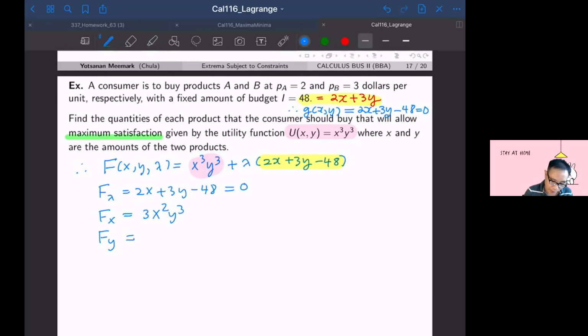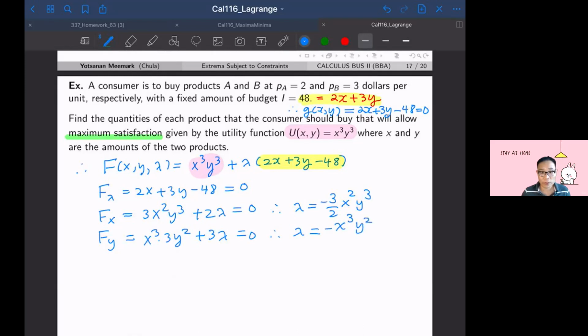And for this guy, it's gonna be x cubed times 3y squared, plus 2 lambda, plus 3 lambda, equal to 0. So you're gonna have lambda equal to, okay, so you get 3 over 2 x squared y cubed, and you're gonna have 3 over 3 x cubed y squared with the minus sign in front, okay?